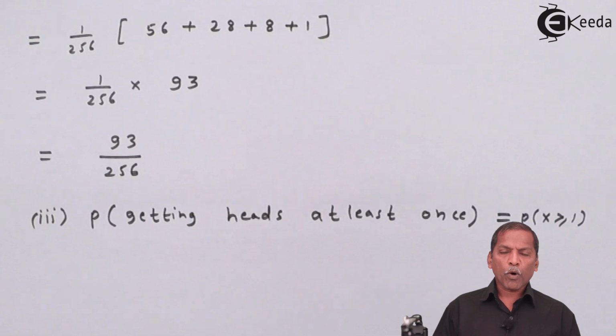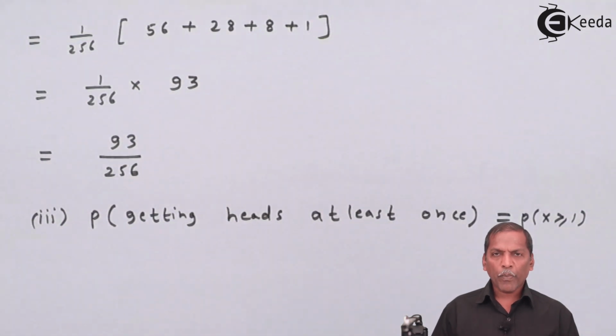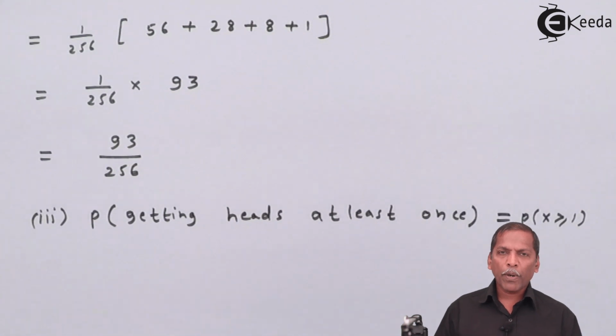So it means probability x equal to 1 plus probability x equal to 2 plus probability x equal to 3 plus, going on up to probability x equal to 8. Now this is quite lengthy.